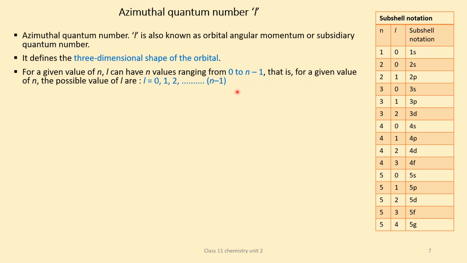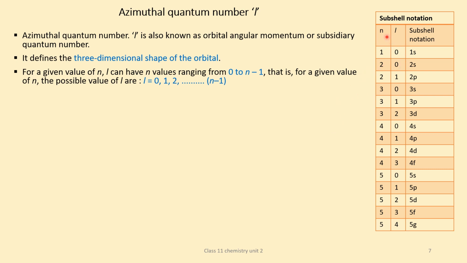That is, for a given value of n, the possible values of l are l equal to 0, 1, 2, etc., up to n minus 1. This you can observe in the table shown on the screen.